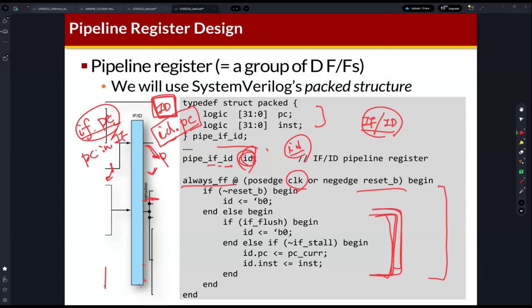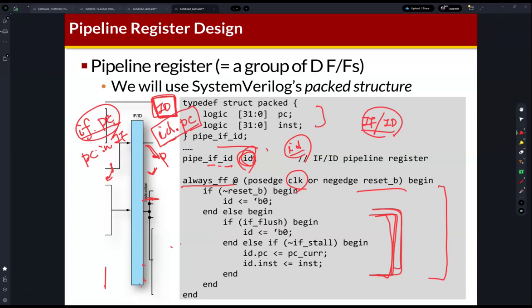Control hazard, right? If the branch instruction is taken, then we need to cancel the signals in ID, so you need to make a bubble. In this case, this pipeline register receives a flush signal.